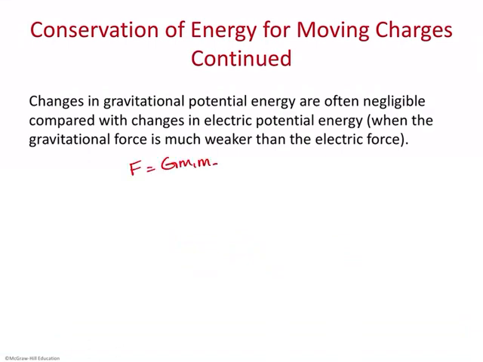So that's the universal law where you're doing it between two different masses. Like, for instance, if I was calculating the gravitational force between me and my TV right now, we're not that far apart. We're going to have a really small gravitational force between us.